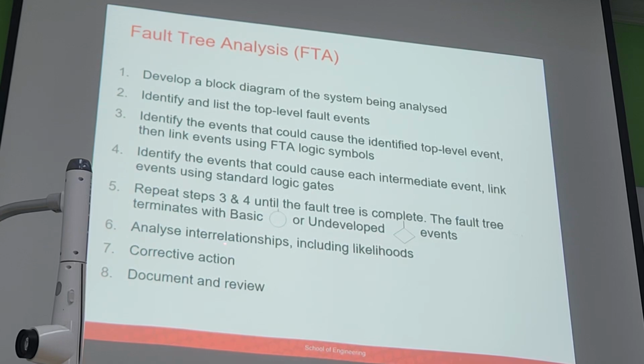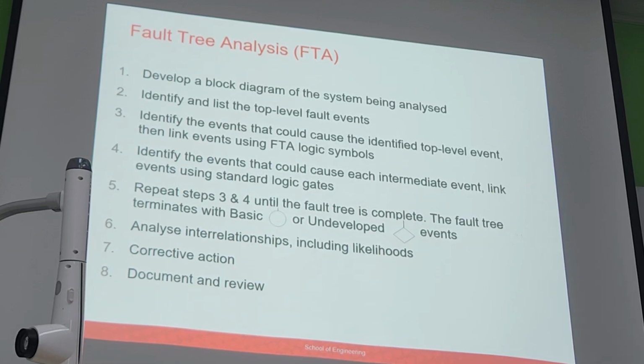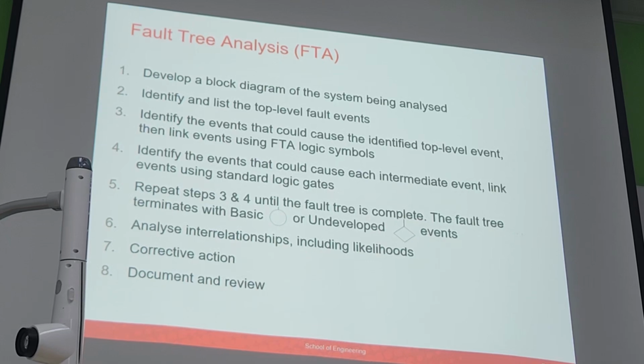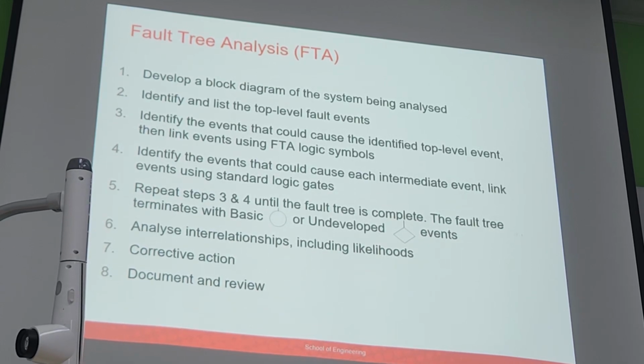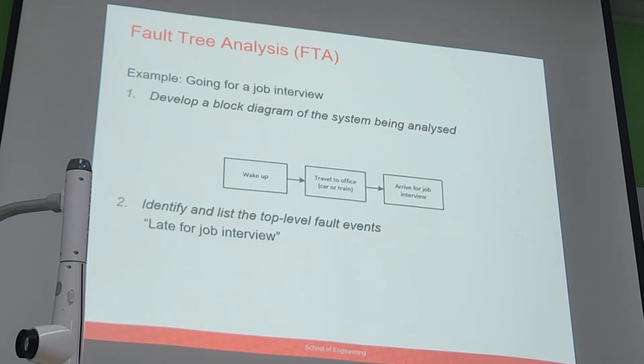Then analysis of the interrelationships includes the likelihood, corrective action, document, and review. Based on the shape, everybody can write it, but not first. First, you show the diagram, and you see the diagram, everybody accepts. Then after that, you try to write it and read it.